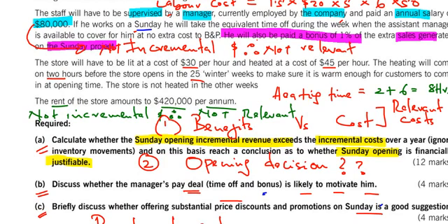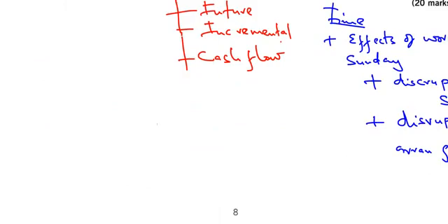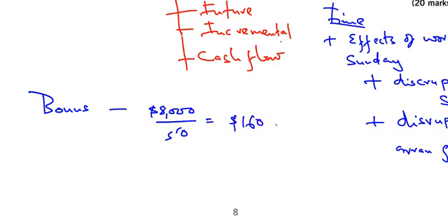We've calculated it to be, remember, we calculated it to be 8,000. But remember, there are 50 weeks, okay, which is about 160 per day.